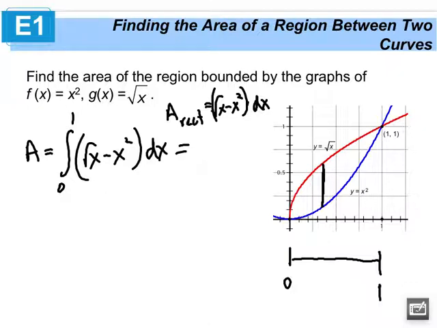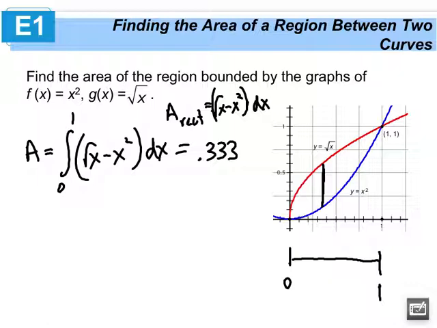Sam, get out your calculator. It's like 0.33. Can somebody confirm? Yeah, 0.33333. So 1/3, pretty much. Okay, so we'll go with 3 decimal places here, 0.333.